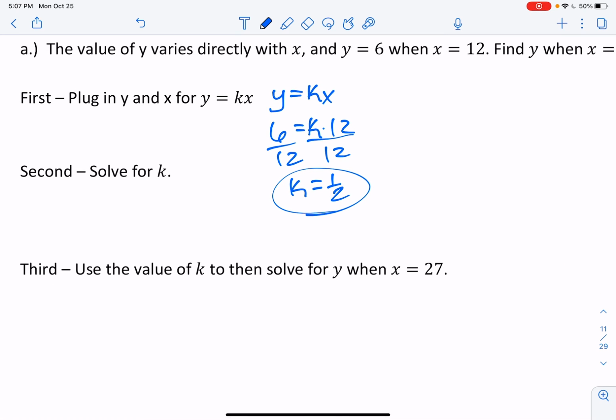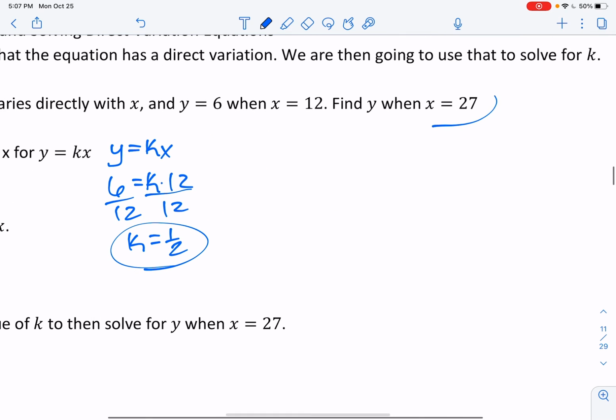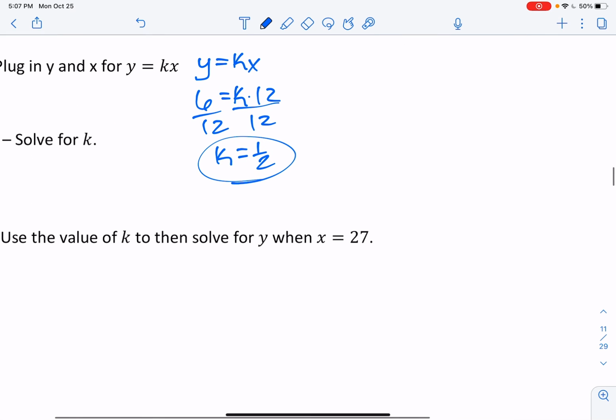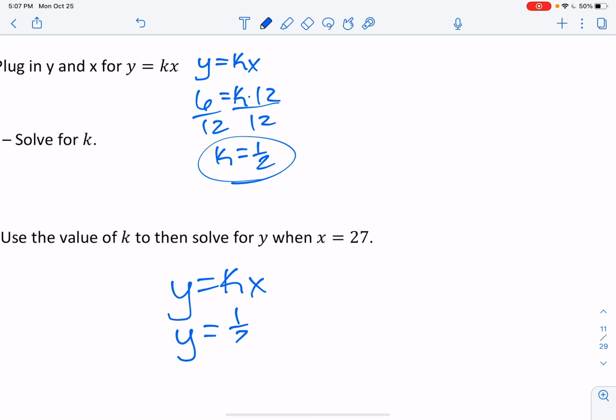Now, I'm going to use k to find when x equals 27. So again, I have y equals kx, but this time, I know what k is. K is 1/2. And x, it says, is 27.